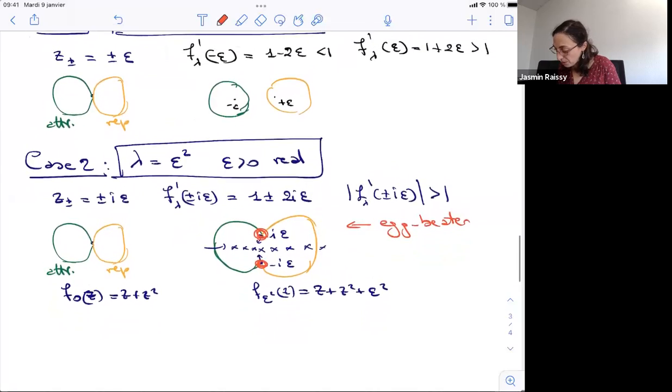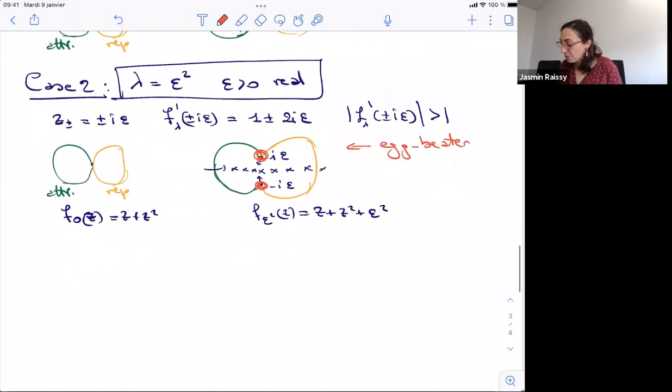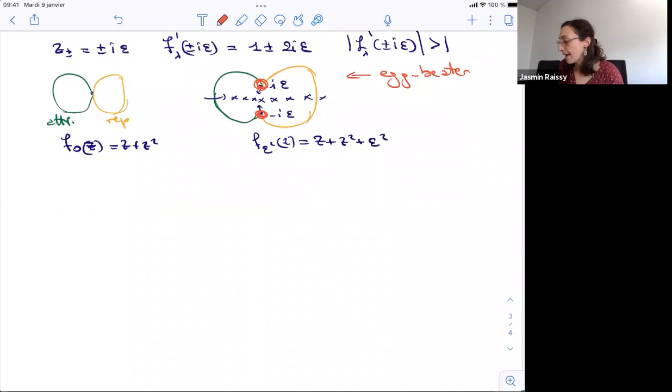To describe what's happening to the iterates of f naught plus epsilon squared, you can use your attracting coordinate and repelling parameterization for f naught. Okay, so this is the result that he proved. Actually, an easier version of this result.